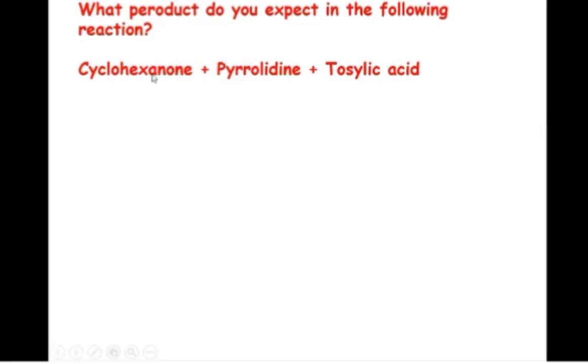See, this is a Stork enamine reaction, and how to generate an enamine you may have studied in BSc third year or in MSc second or third semester. The Stork enamine reaction: how to generate an enamine from cyclohexanone and a secondary cyclic amine, this pyrrolidine. If you know the structure of pyrrolidine, then you can answer this question.